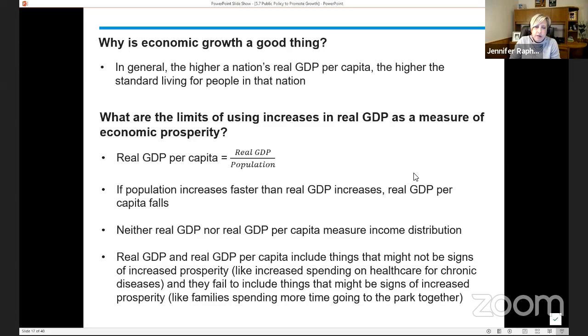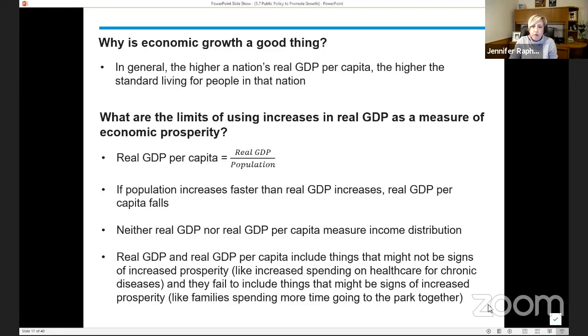One other thing to remember is that real GDP and real GDP per capita can include things that aren't necessarily signs of a healthy or prosperous economy, right? So increased spending on healthcare for chronic diseases like diabetes or heart disease would lead real GDP to go up. We wouldn't necessarily say though that increasing rates of those conditions would be good for an economy or good for a country.